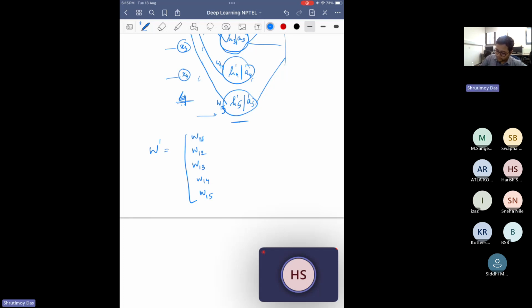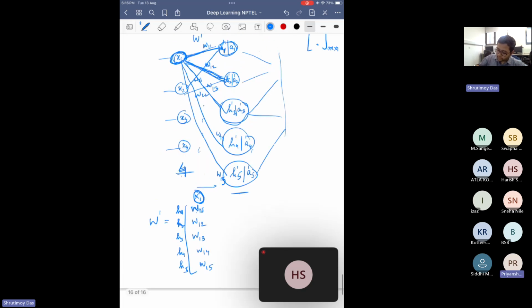So basically this column says what is the weight of connecting X1. These are your H1, H2, H3, H4, H5. You have your input dimension in this column, and these are the neurons in the next layer. This row and this column give the weight of connecting this input dimension to this hidden neuron.